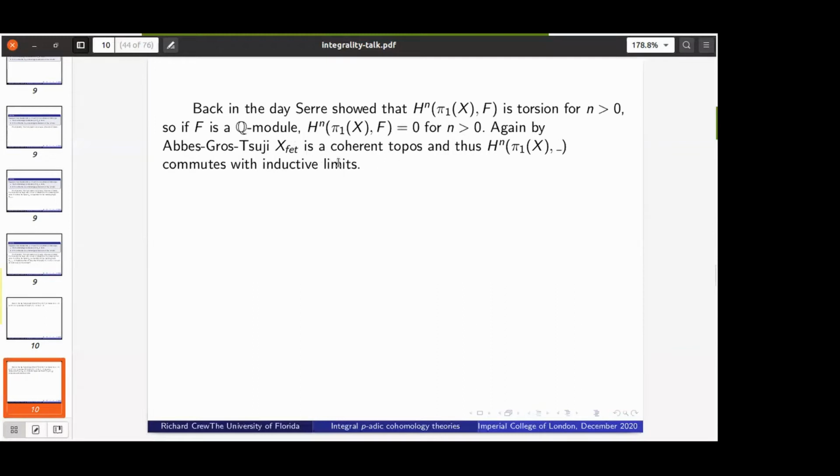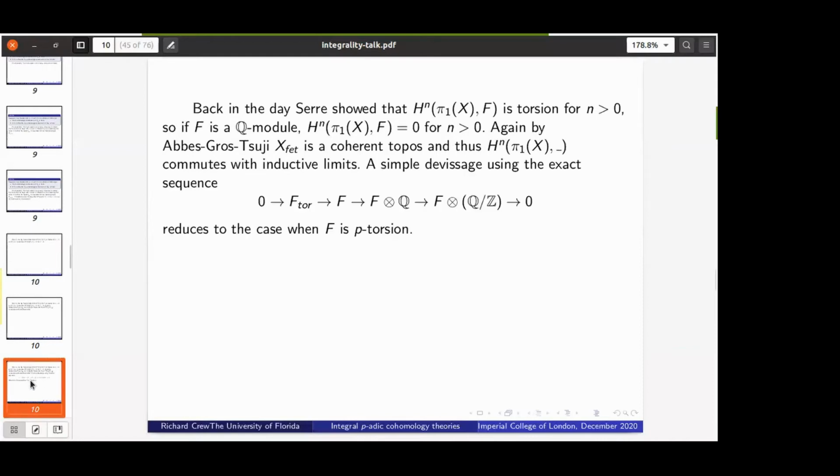Therefore, the classifying topos is as well. What that means is that the group cohomology H^n of pi_1 commutes with inductive limits. Then you just use a simple dévissage using this utterly standard exact sequence. This reduces us to the case when F is a p-torsion module.